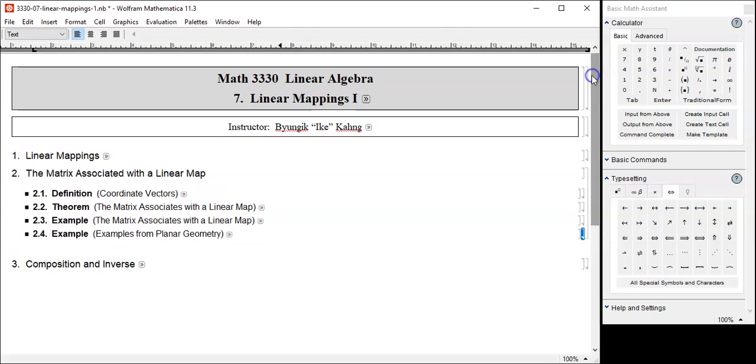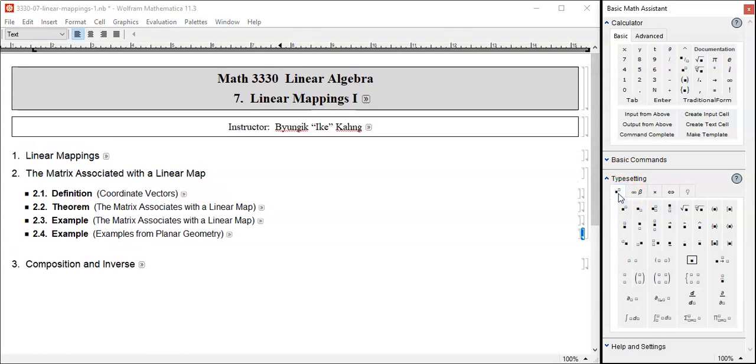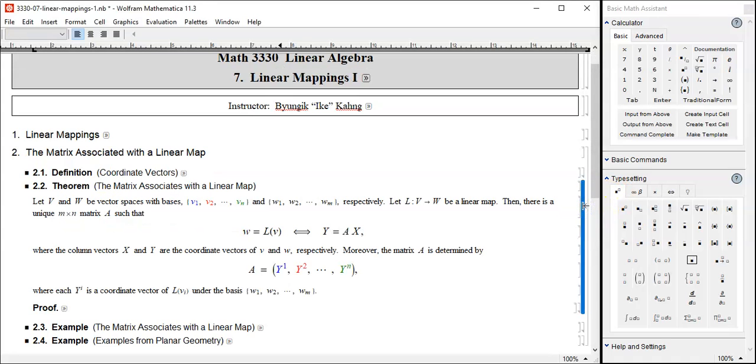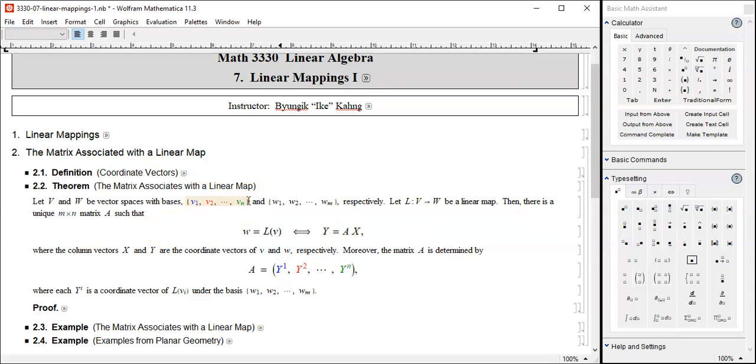Okay, so much for section 2 of this notebook. We have a little bit of time left, so let's have a brief review again. Let's suppose we have vectors v and w with bases v1, v2, v3 all the way up to vn, and w1, w2, w3 all the way to wm. Now, if we have set bases, then each vector will have a unique coordinate expression.